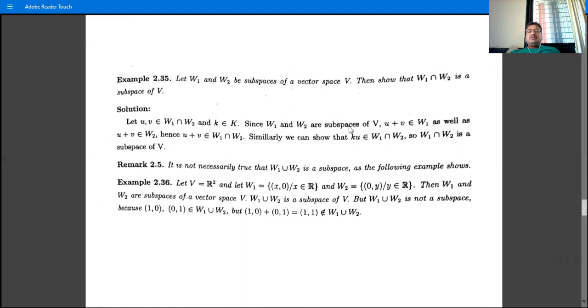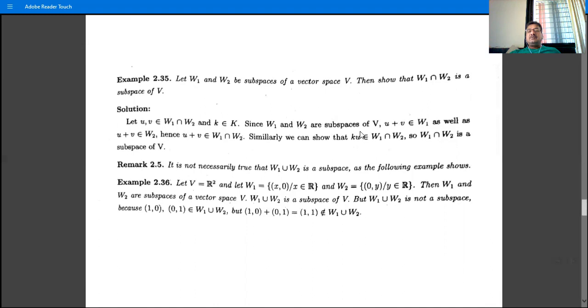Then W1 and W2 are subspaces of V. So u bar plus v bar belongs to W1. u, v belongs to W1 intersection W2 means what? u and v belong to W1 as well as u and v belong to W2. u and v belong to W1 and W1 is a subspace, so u plus v belongs to W1, and u and v belong to W2, and W2 is a subspace, meaning the addition u plus v also belongs to W2.